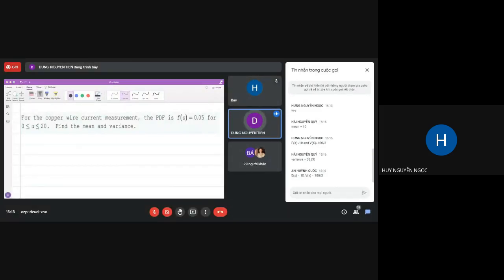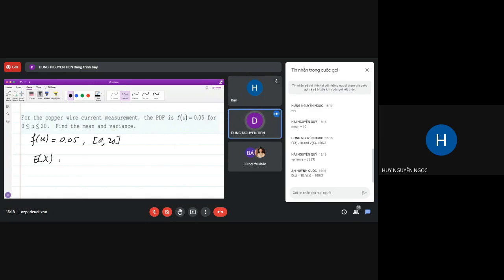Can you get the answer? Okay. You can see that in this problem, you have the density function f(u) equals 0.05 in the interval 0 to 20.